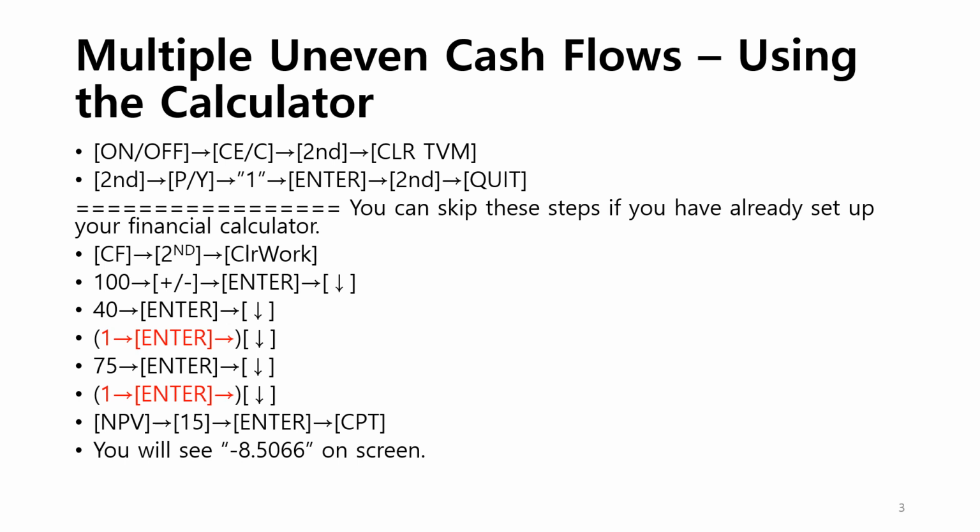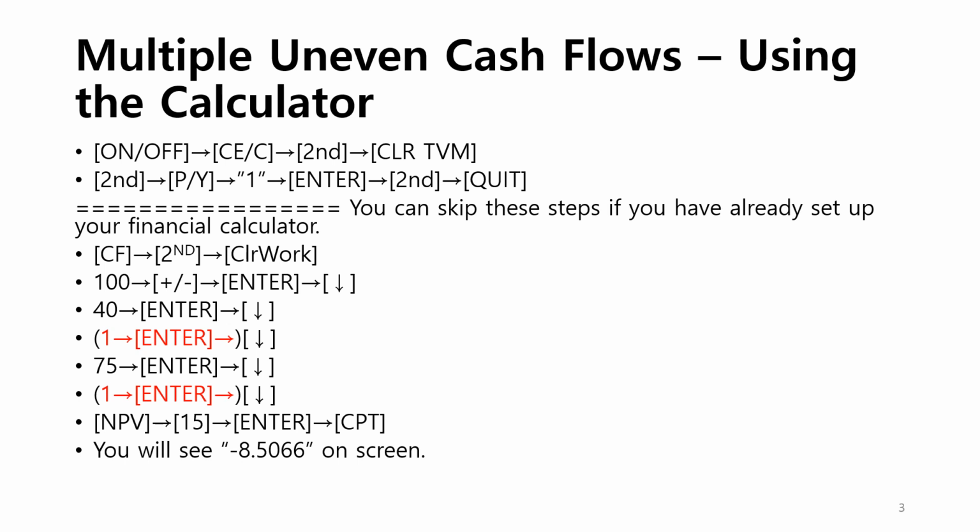Now the money you have to spend now is $100. This is the cost of the project, right? So $100, because this is a cash outflow, you have to make it a minus number. So $100, press +/- and press enter. Then the screen will change. Now CF0 is equal to -100.